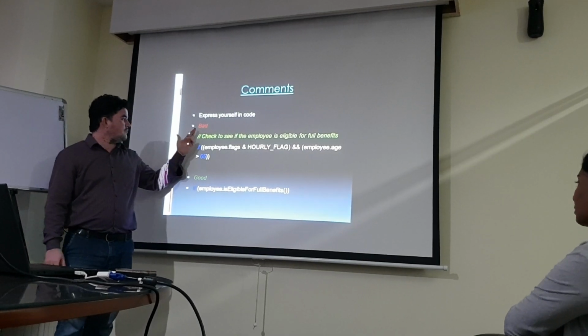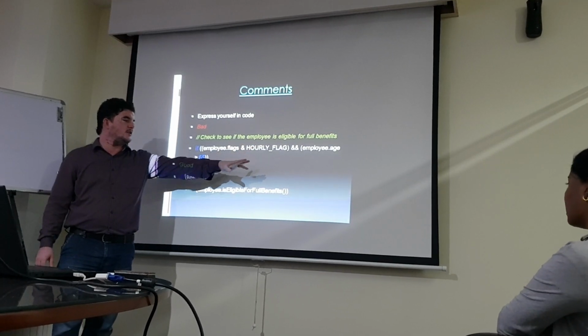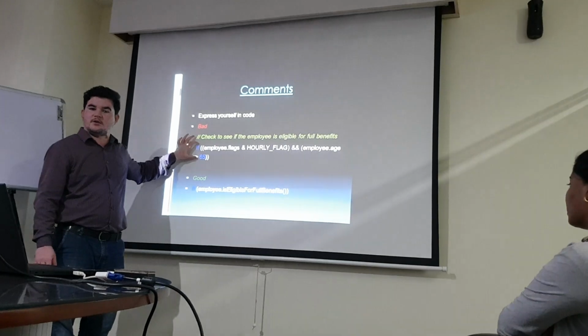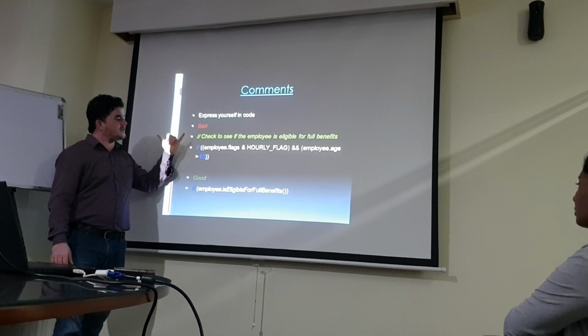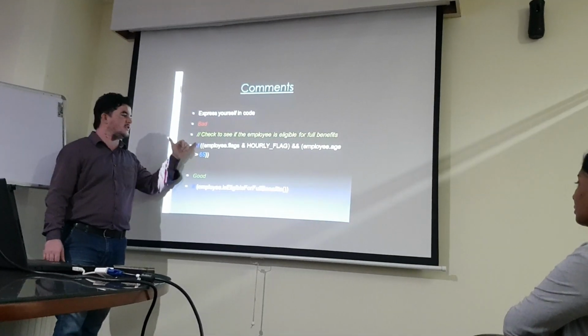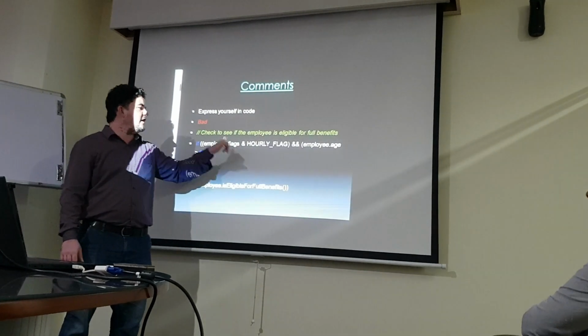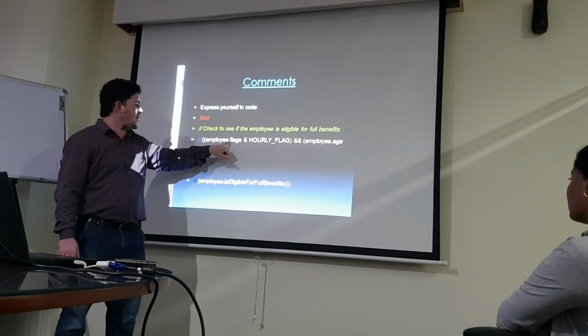Here is an example of a bad comment: "Check to see if the employee is eligible for full benefits" followed by an employee flag check. It's completely bad code. The developer is writing a comment to explain what this line of code is doing, when he could have just written a well-named call, using isEligibleForFullBenefits instead of flag.